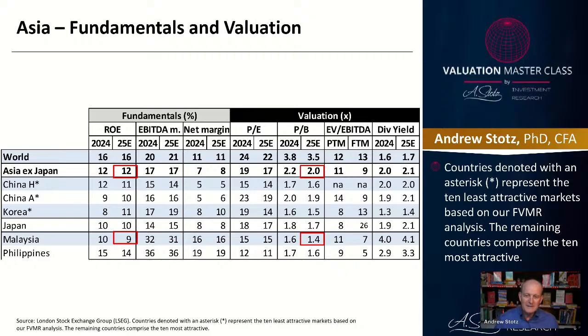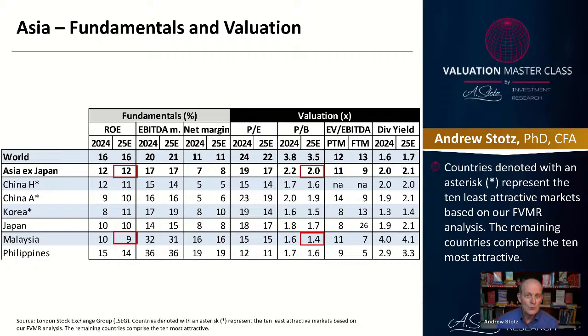So here we can see, just looking at fundamentals and valuation, because I can't get it all on one slide, that the world ROE is 16% and Asia Pacific is at 12%. If we go over, we can see Asia Pacific is trading at almost half the price to book of the world.